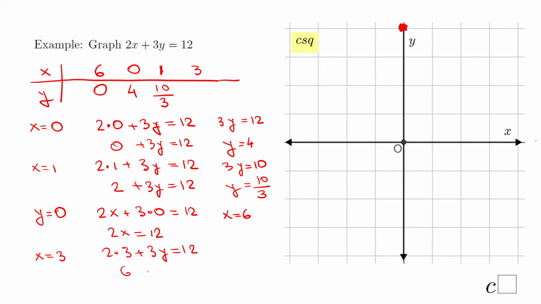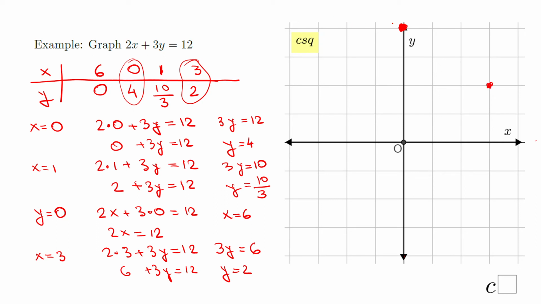That will be 6 plus 3y equals 12. If we subtract 6 on both sides, we end up with 3y equals 6, and then divide by 3, y equals 2. So from all these points, I'm going to use only this one, and I already use 0 and 4. 3 and 2 is right here.